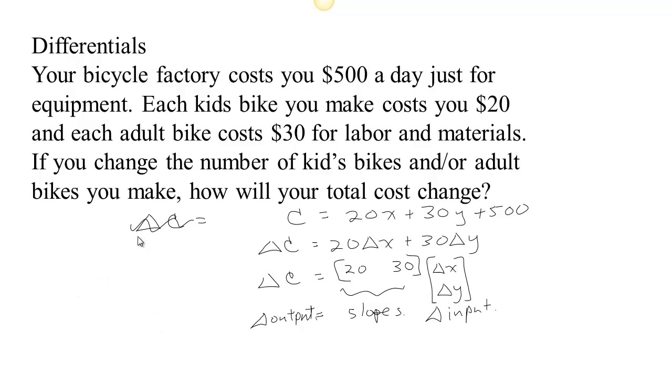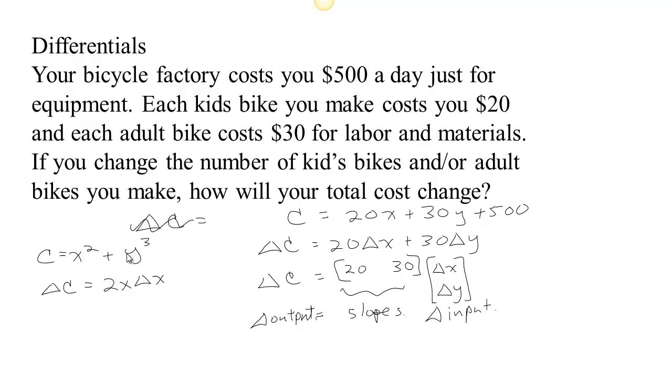Okay, so if perhaps your cost function was nonlinear, you could still do something similar. Let's say our cost function was x squared plus, I don't know, y cubed, plus something. Then we still think about it this way: the change in output is going to be the slope in the x direction, which in this case is 2x, times the change in x.